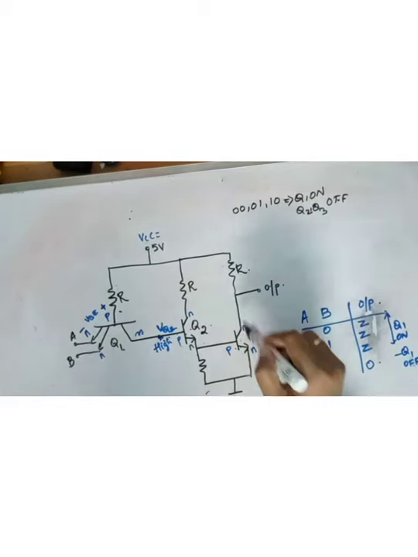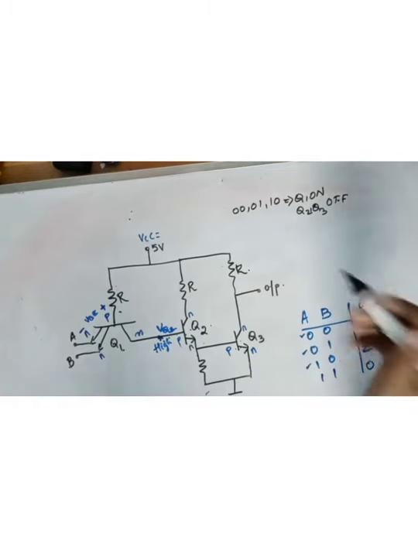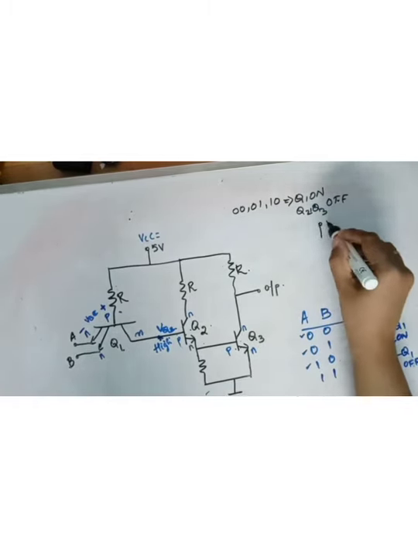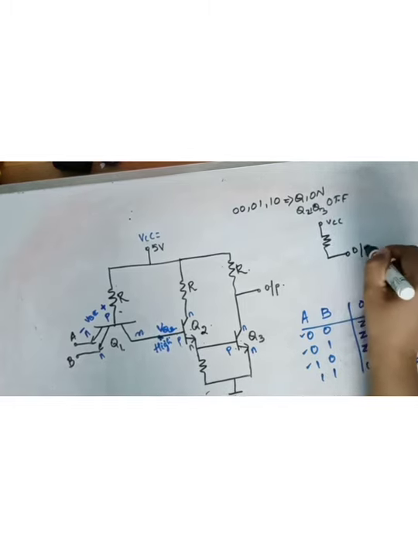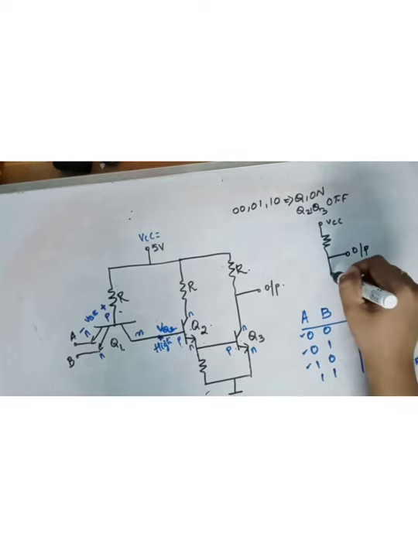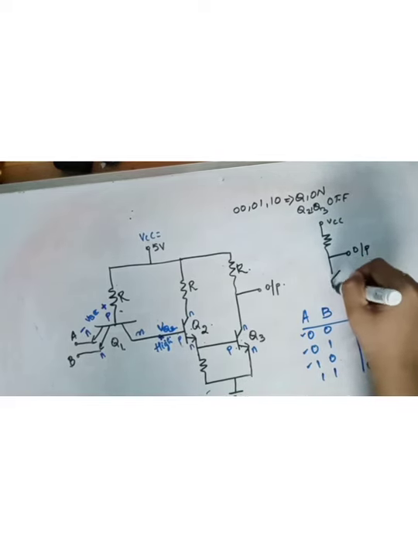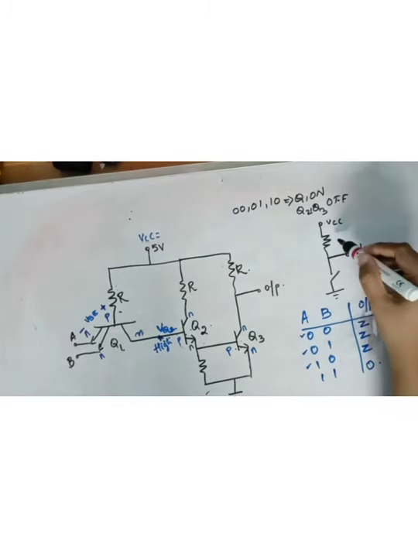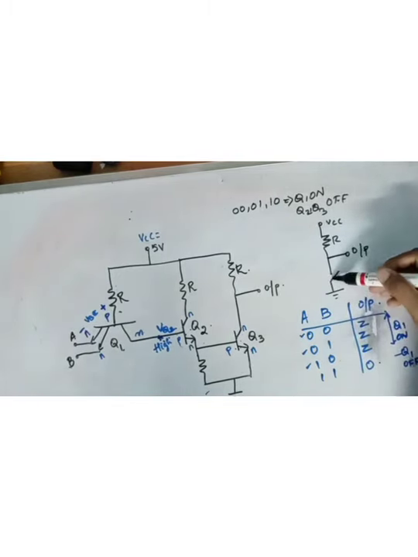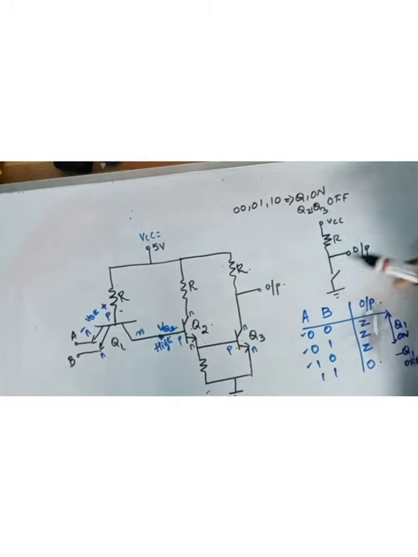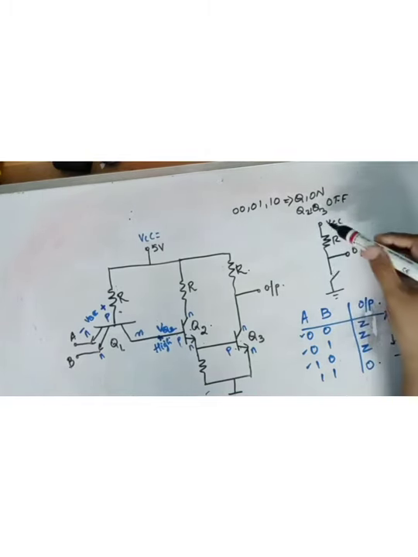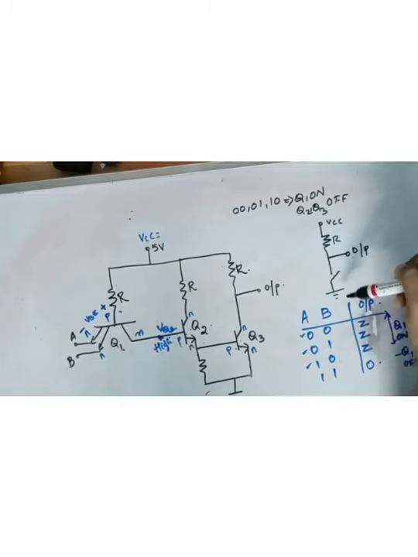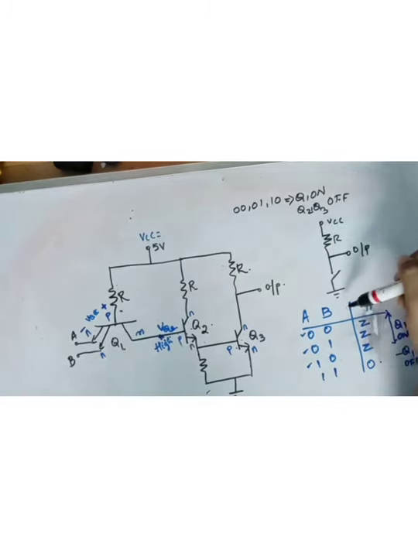So if you see the output section, how is this? This is VCC, resistor, output. The transistor is off. Transistor is off means what? There is no conducting path, because the current does not conduct through an open circuit. Here it is open, so there is no complete path for the current to flow.